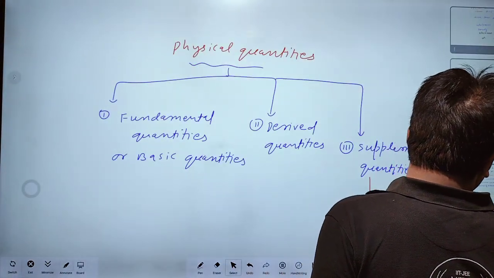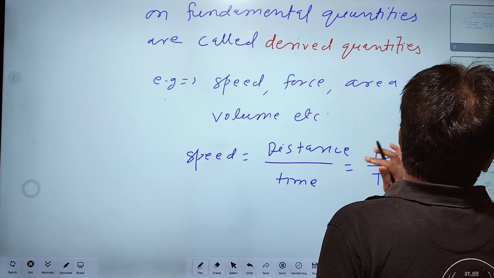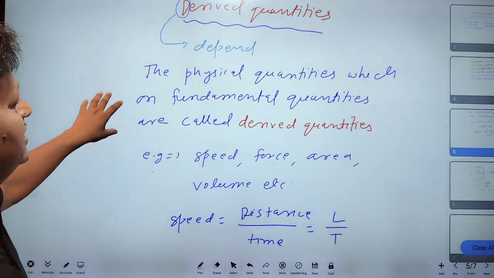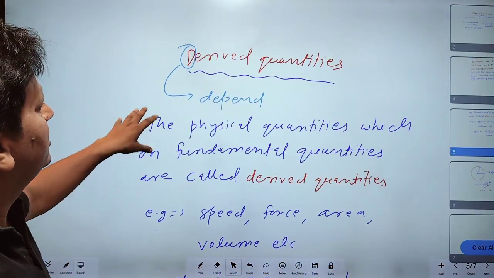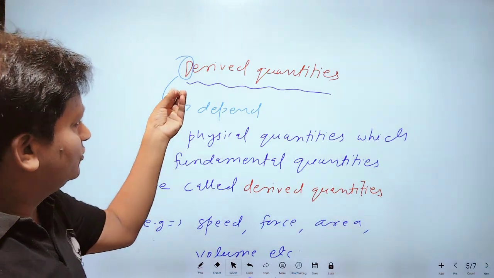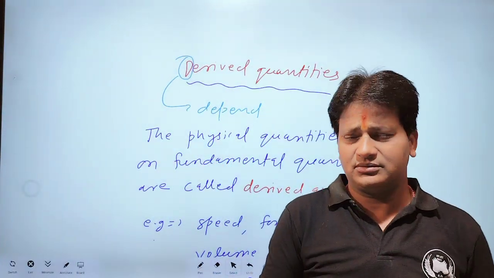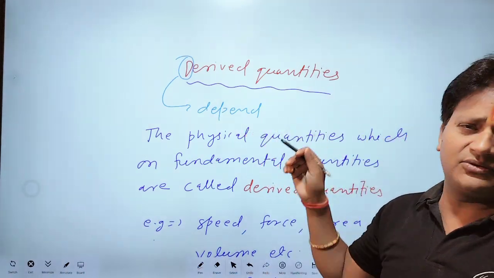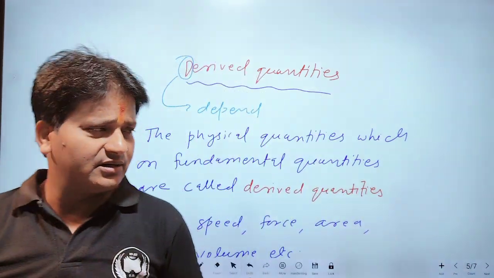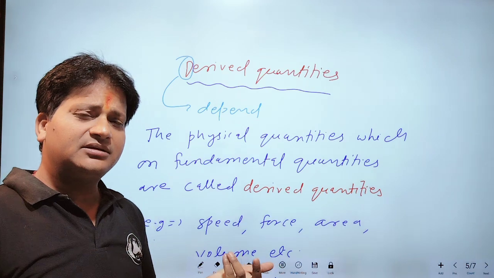Now I am going to discuss derived quantities. What are derived quantities? D for depend. Those physical quantities which depend on fundamental quantities are called derived quantities. D for depend on which quantities?